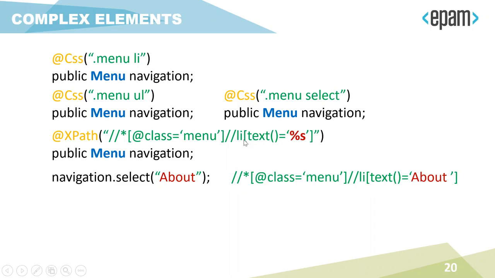This is a really powerful mechanism. First of all, you can define just one locator and cover a list of elements with it. But the second thing, if you're using template locators, you will find your elements faster, because otherwise you will first find your list of all elements and then try to specify the element you need, like about.